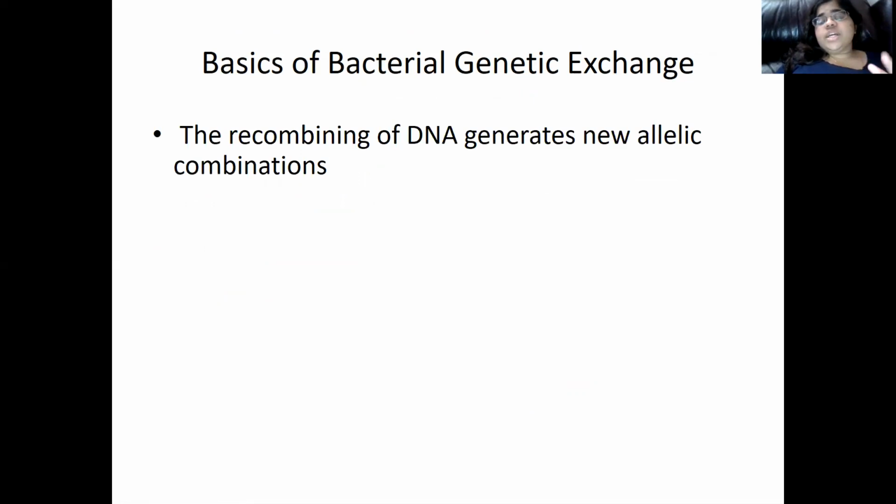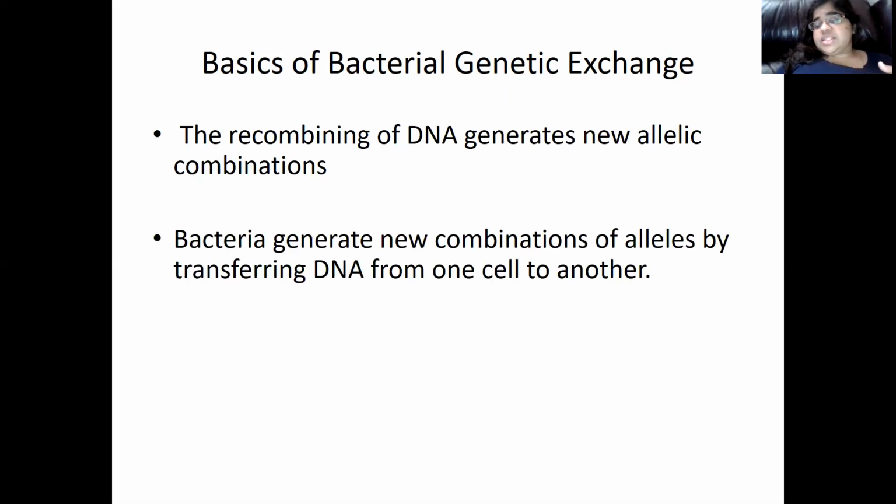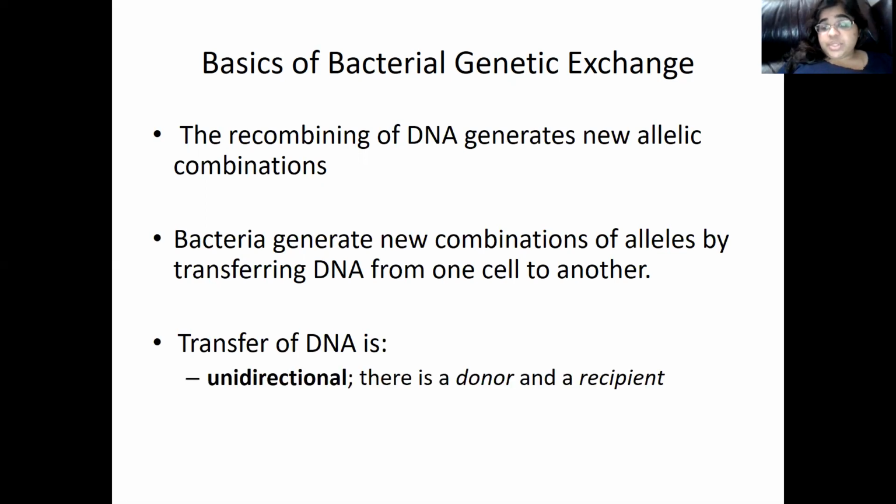So we know that recombination allows DNA to generate new allelic combinations. This combination of alleles is actually generated through the transfer of DNA from one cell to another, and this transfer of DNA occurs in one direction and not the other, I promise.